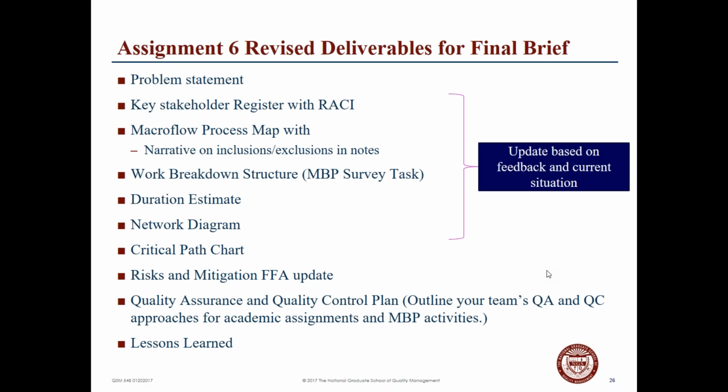So let's just go through the final deliverables for assignment 6. So we want to make sure we have the problem statement, the key stakeholder, your process map, your work breakdown structure, okay.